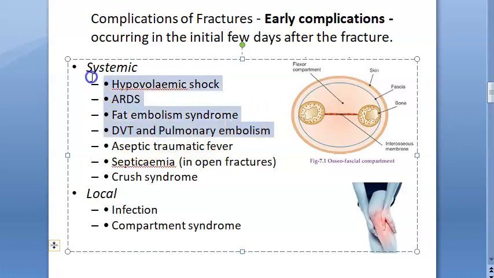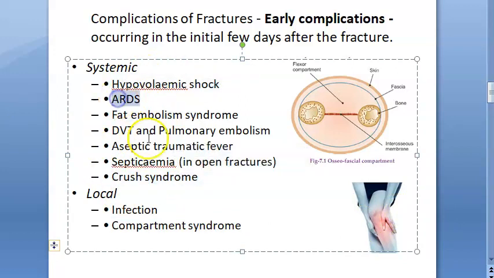So all these can be early complications that you need to know about. Okay guys, and there can be aseptic trauma fever, septicemia, crush syndrome. All these are important, okay? So crush syndrome, if you notice here, is more like a systemic thing, but compartment syndrome is local. You understand, right? Compartment syndrome is a local complication, whereas crush syndrome is a systemic complication.